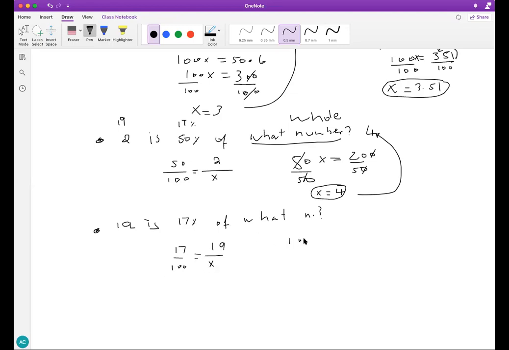So start with the multiplication of the x: 17x equals 1900, because we multiply these, then divide by 17. What's 1900 divided by 17?